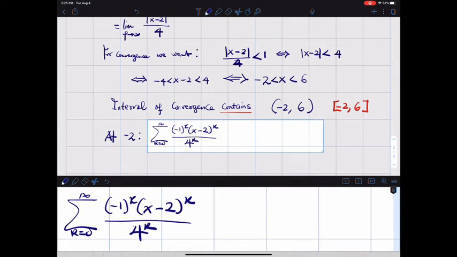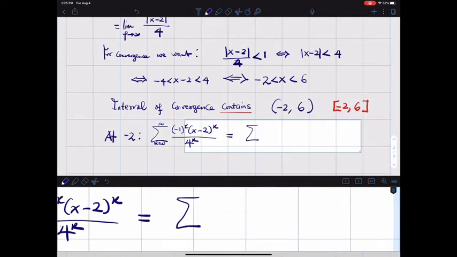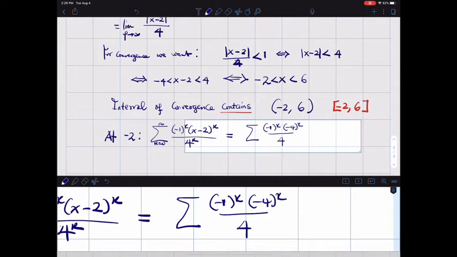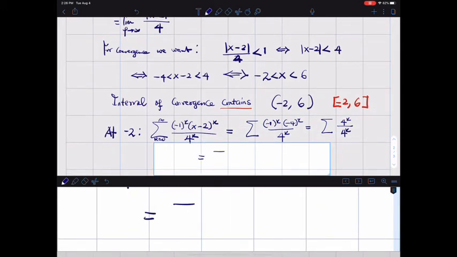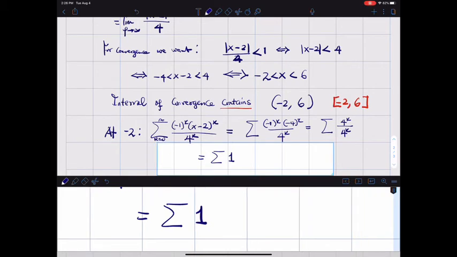So you get summation of -1 to the power of k times -4 to the power of k over 4 to the power of k. -1 times -4 is just 4, so this is 4 to the power of k over 4 to the power of k, which is equal to 1 to the power of k, and 1 to the power of k is always going to be 1.